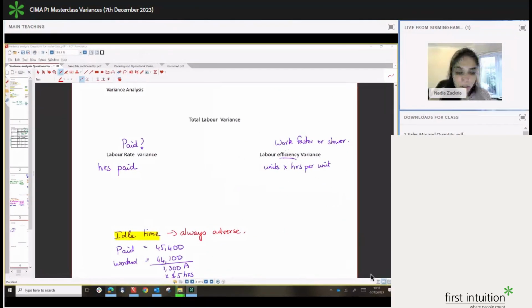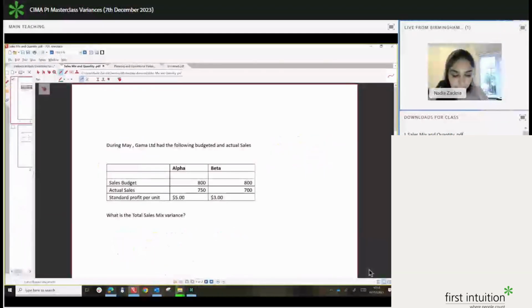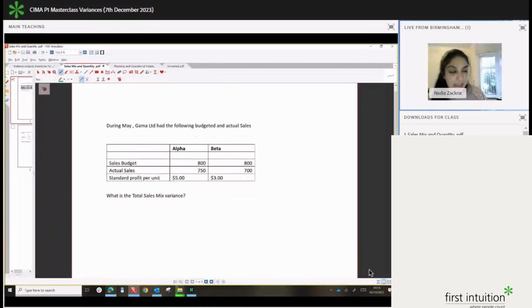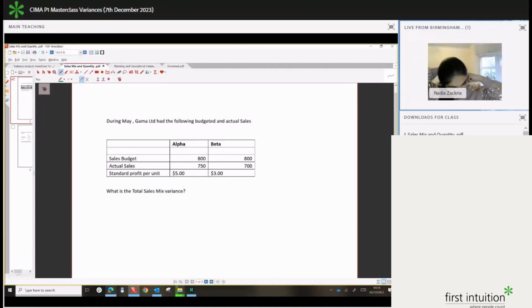So I'm going to swap screens again. And this time we're going to look at a sales mix and quantity variance, right? So we've got two products, alpha and beta.